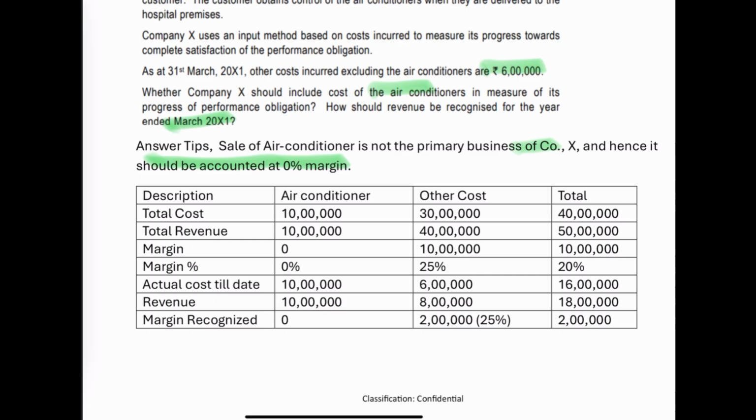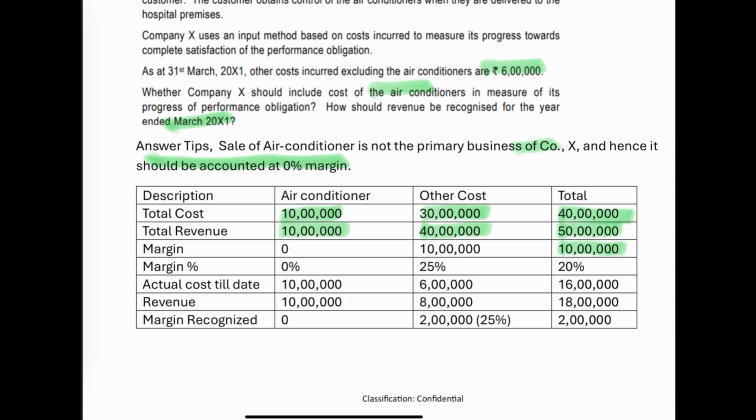So let's see how this allocation should happen. The total cost is 40 lakh rupees, allocated between the air conditioner as one performance obligation and other costs as another performance obligation, 10 lakh and 30 lakh respectively. Revenue is 50 lakh rupees, out of which, since the air conditioner has to be accounted at 0% margin, 10 lakh at cost will be allocated to this performance obligation, and the remaining revenue will be allocated to the other regular services.